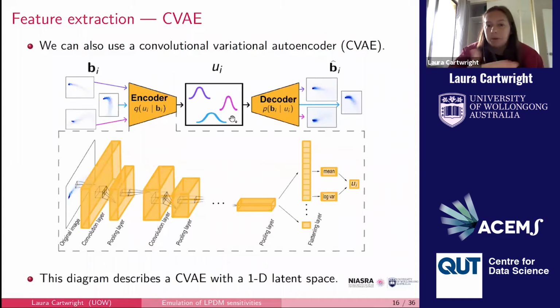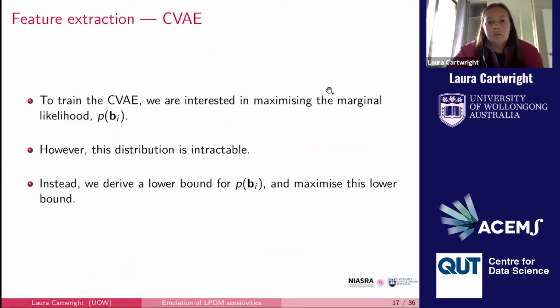You can change it, but we just use the standard Gaussian. And then the encoder acts as your posterior distribution. So we basically update the values of our parameters given the plume images. So basically when you train this, you're just updating this posterior distribution, which is kind of cool.